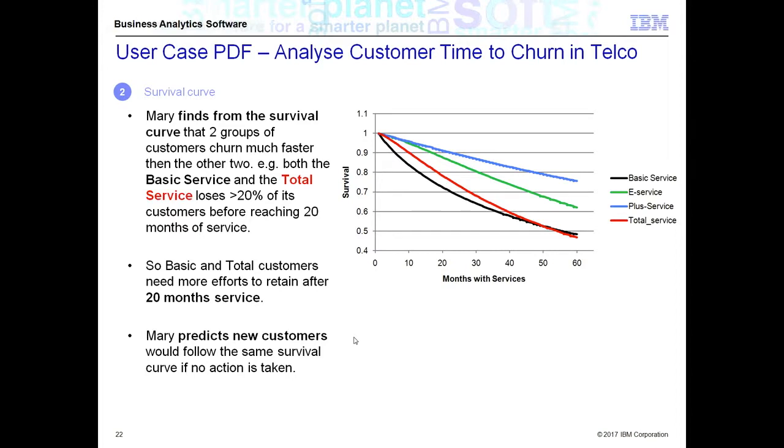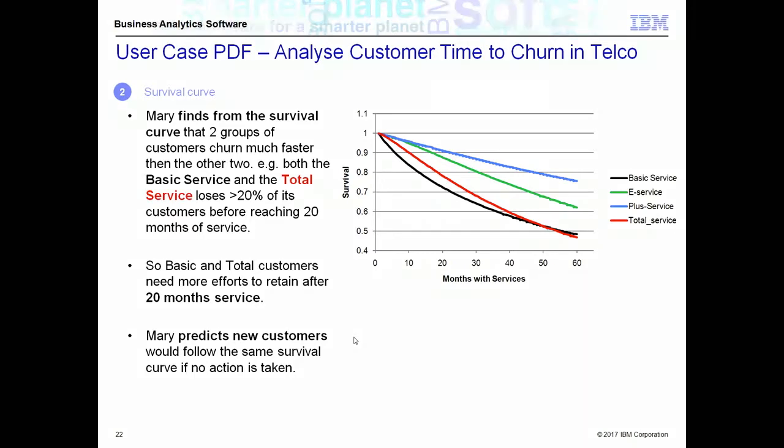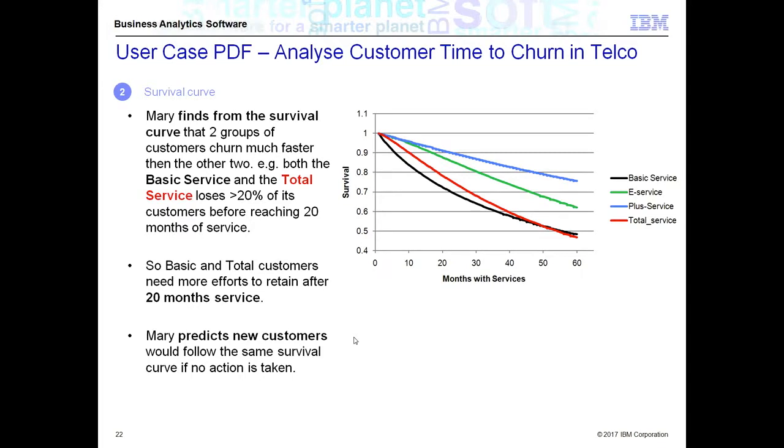So basic and total service customers need more effort to retain after 20 months of service. Mary predicts new customers would follow the same survival curve if no action is taken.